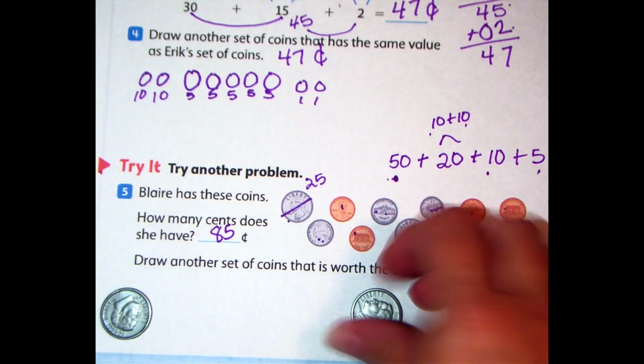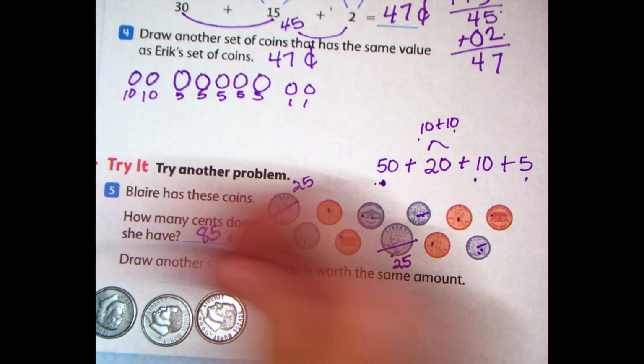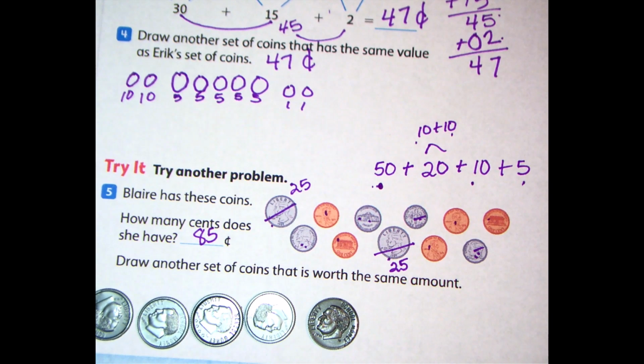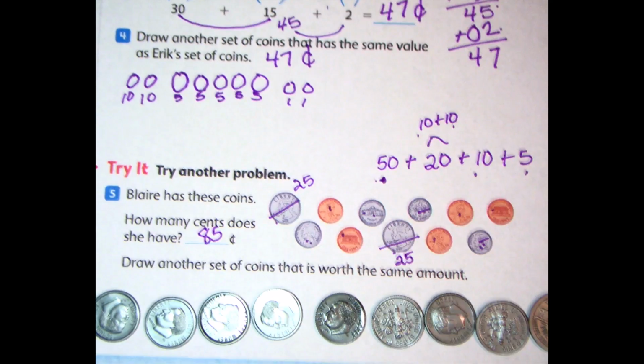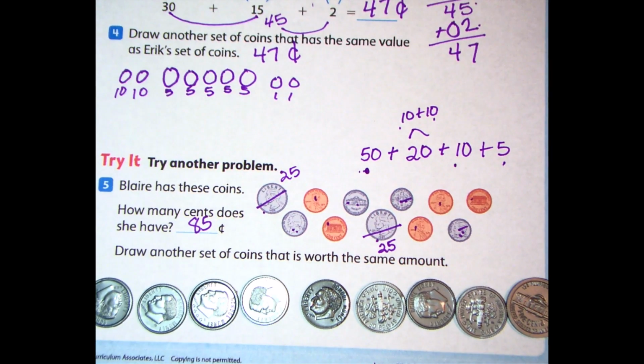So I can do 10, 20, 30, 40, 50, 60, 70, 85. There are a bunch of different combinations you can try. And once again, I want to see how many combinations you can come up with that will equal 85 cents.